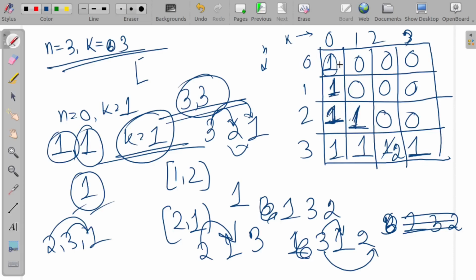For 1, that came to here, from 1 that came to here, and from 1 and 1, that value came there, there is 1, and from 1 and 1, that sum goes to there.